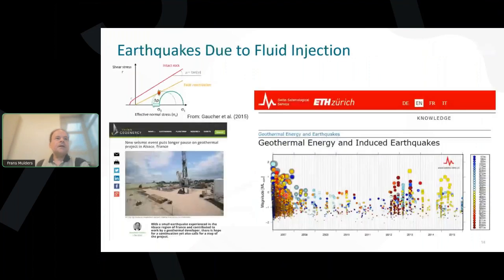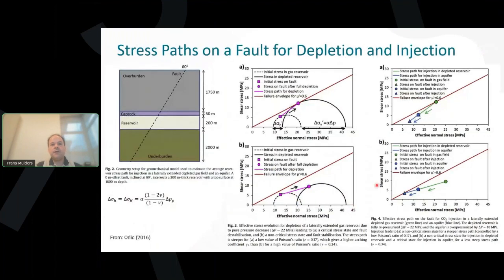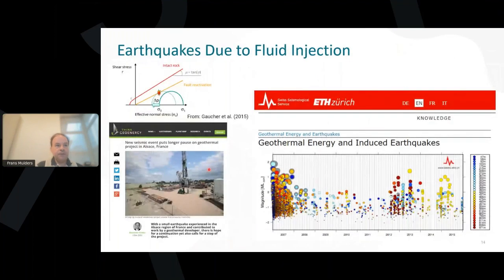Okay. Earthquakes due to fluid injection definitely can happen because you can definitely move towards failure, as you can see here. And for geothermal, that can be a problem, like in this case in Alsace, France, where induced seismicity was triggered, and therefore they have to investigate first how that comes and whether they can operate safely if they want to pick up the project again.